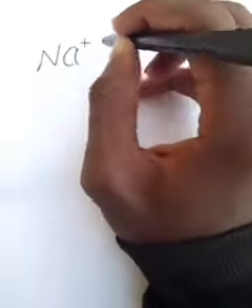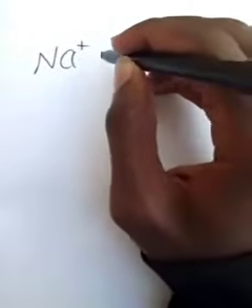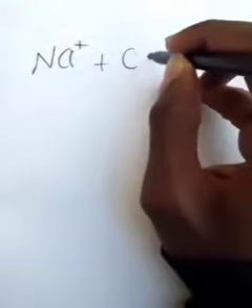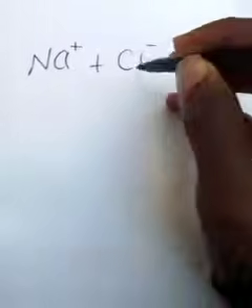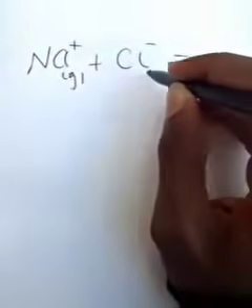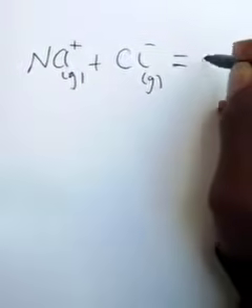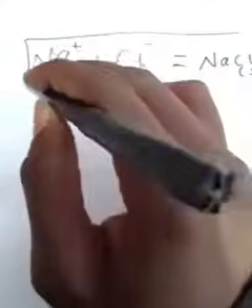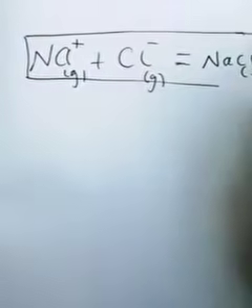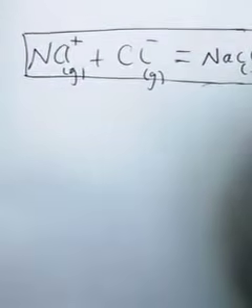Let's say you have sodium, which is positive, a cation, reacts with chlorine. What is going to be formed? This is gaseous, this is gaseous. We are going to have sodium chloride, and it's going to be solid. This is an example of a reaction representing a case where lattice energy is released.